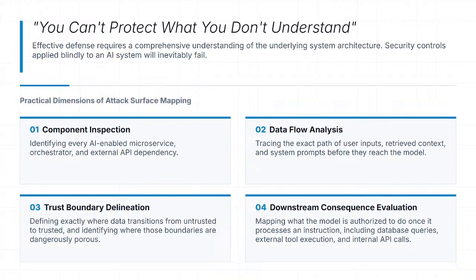Now, for a cybersecurity analyst within an organization, if we are going with the scenario we're working with earlier, where you have an LLM integrated into your customer support application, if you don't have enough visibility, you won't be able to carry out enough attack surface mapping. What do we mean by that? You need to identify every form of AI enabled applications or services that you have currently running.